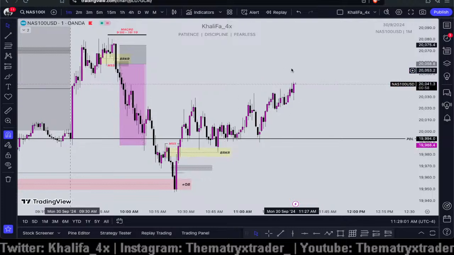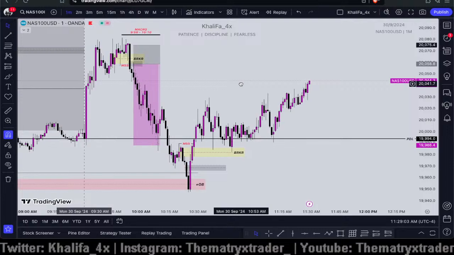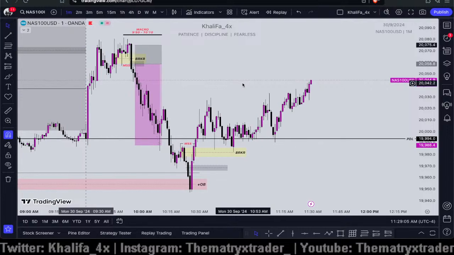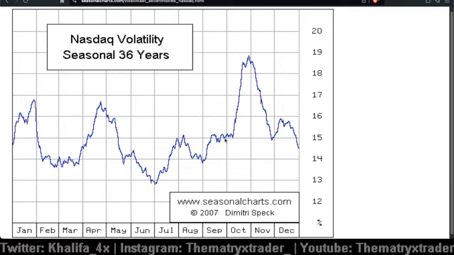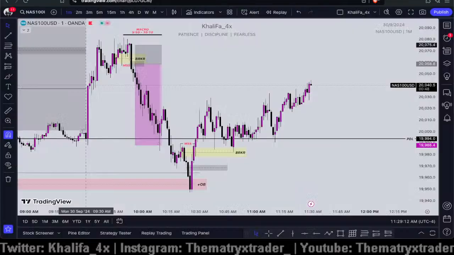Now you see what I told you about this and about this. This would be our second winning trade if we got entered from this breaker.